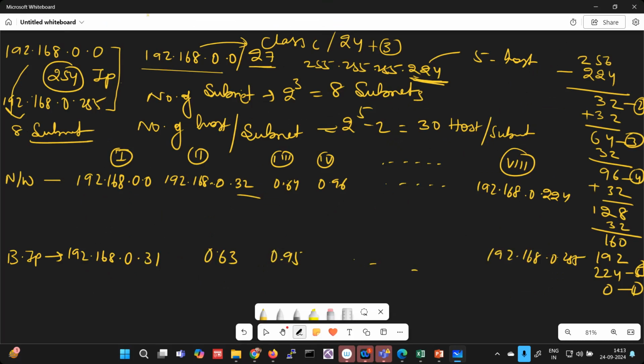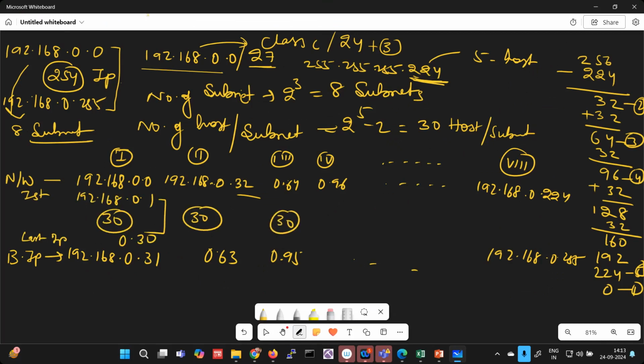Now we will have the valid IP addresses that can actually be assigned to computers in a particular subnet. The first IP of this subnet will be 192.168.0.1 and the last IP will be 0.30. So these 30 IP addresses can be allocated in each subnet.